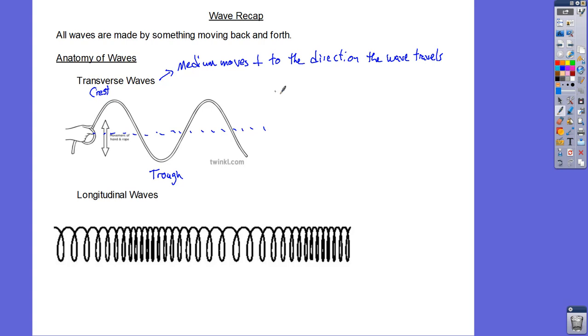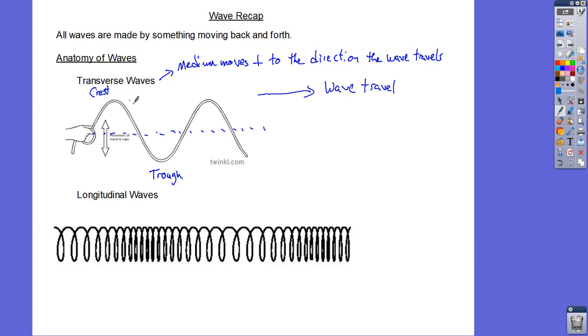So the wave is traveling this way, sideways there.